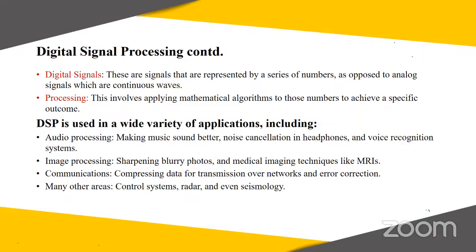So these are the two parts: one is the digital signal, another is the processing. Where can DSP be used? DSP can be used in audio processing for making music better, for music compression, noise cancellation or noise removal, or in speech recognition or voice recognition systems.